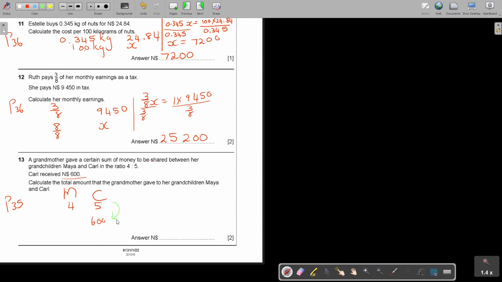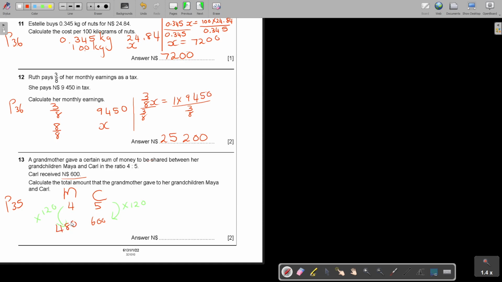So if I say 600 divided by 5, I multiply with 120. So with what do I multiply here? Also with 120. And if I say 4 multiplied by 120, I get 480.